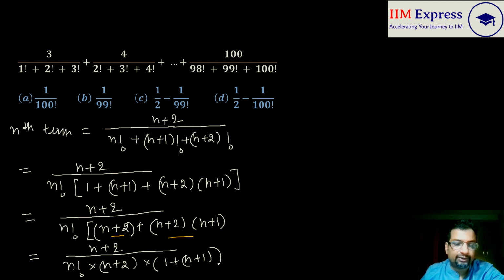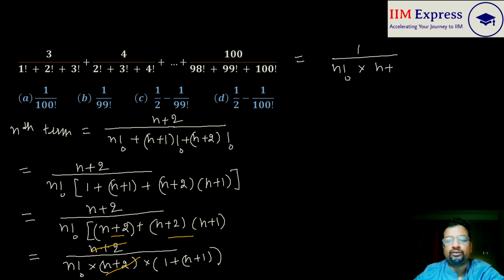And this n plus 2 gets cancelled with the n plus 2 in the numerator. So it becomes equal to 1 upon n factorial into 1 plus n plus 1, which is n plus 2. This is the result.